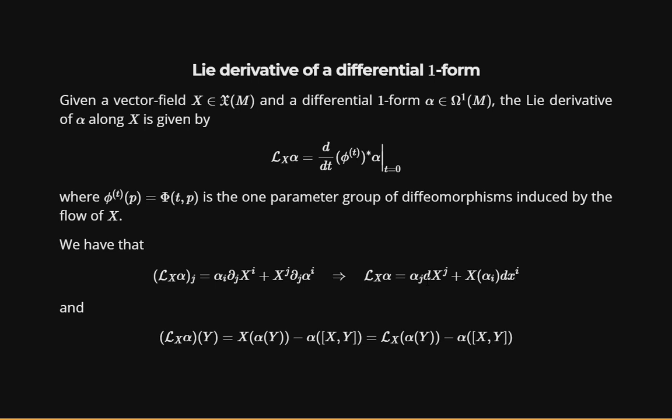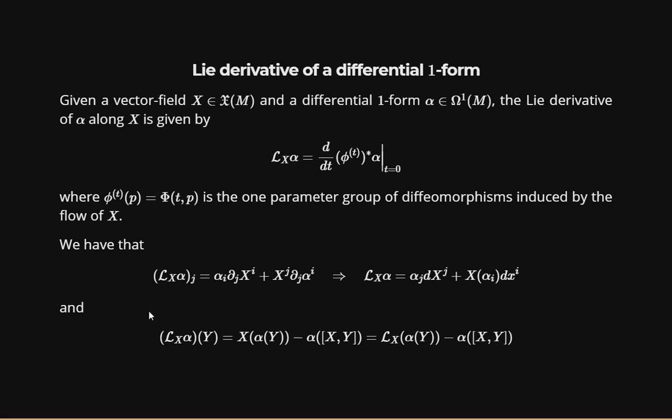So the jth component of x gives you a function, and you take the differential of this function, which is the differential one form, and you multiply this by the coefficient of alpha, which is another function, plus the vector field x applied to the coefficient of alpha times the xi. Obviously here a summation on j is implied, and here a summation on i. So you have to sum these on j, you have to sum these on i, and then you get the result.